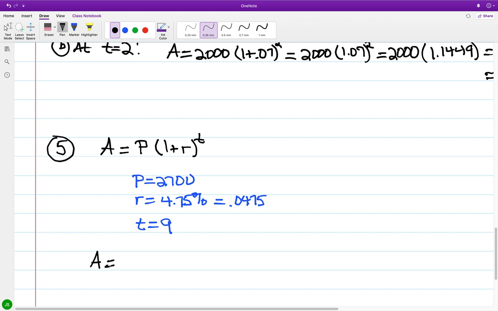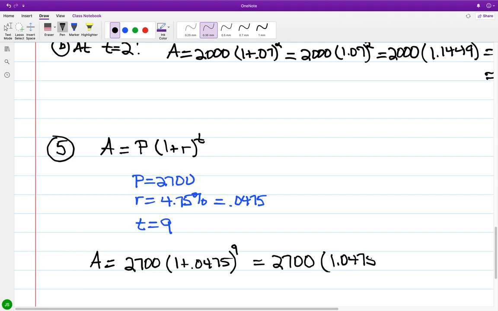So putting in the quantities, we have 2,700 times 1 plus 0.0475, and to the T power we have the 9th power. So you have 2,700 times 1.0475 to the 9th power.